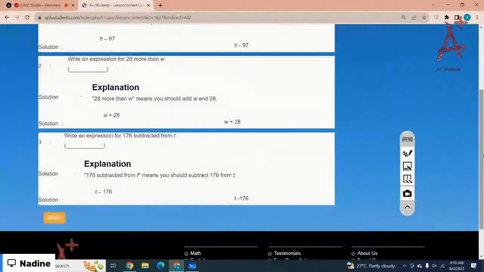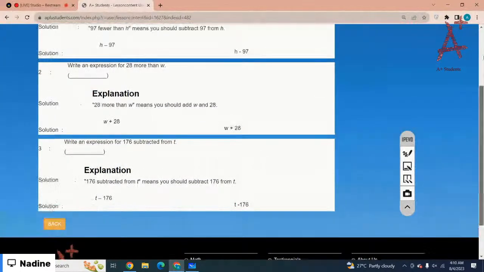So you have to subtract 176 from t. So it will be t minus 176. The basic thing is you have to understand the sentence given, and you have to write the mathematical expression, right? Let's just start with the practice questions.